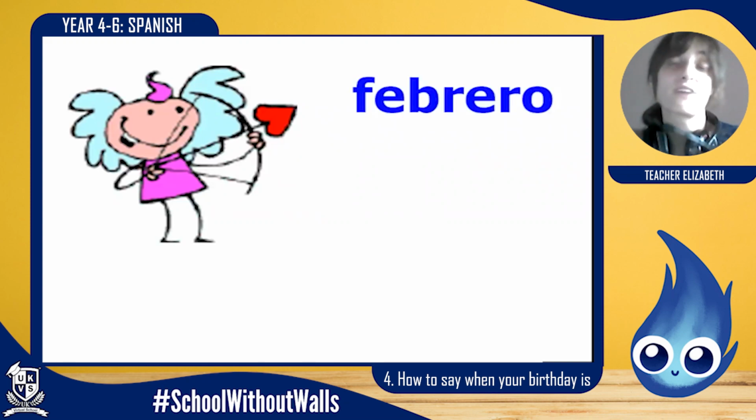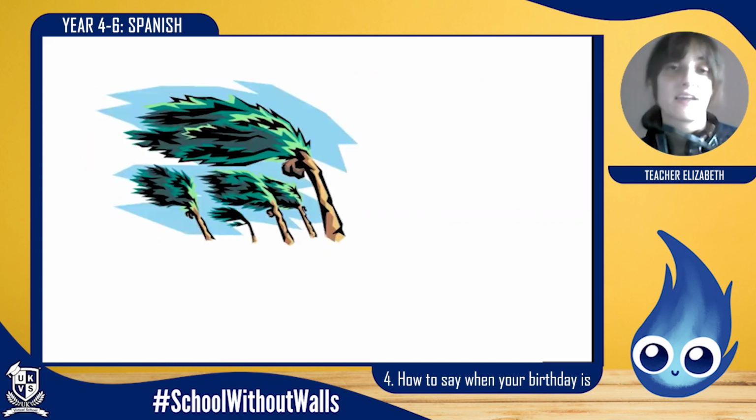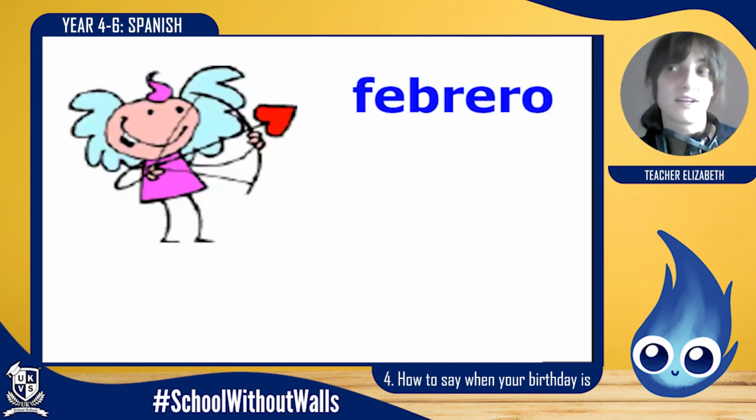So tenemos febrero, enero, febrero. I'm going to leave that up for a sec if you need to copy it. Always remember you can pause and just practice saying it. Remember, repetimos, escribimos, escuchamos, repetimos, escribimos y hablamos. So repetimos, we say it again and again. Febrero.